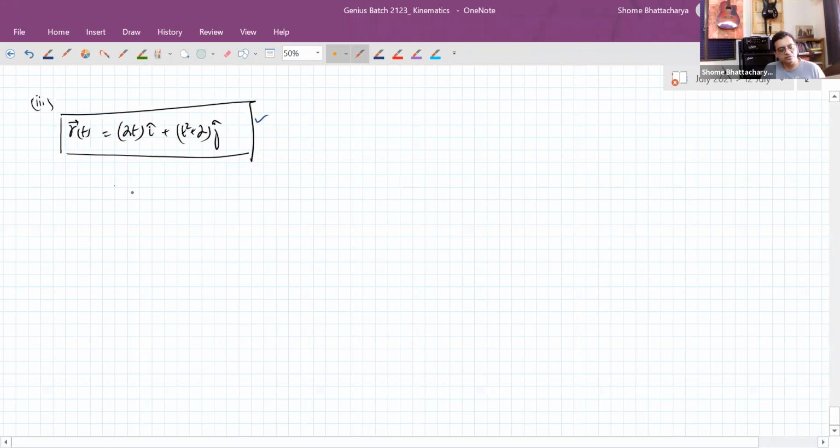So instantaneous velocity, how we'll define it: rate of change of position with respect to time. So it is going to be differentiation with respect to time of this vector.